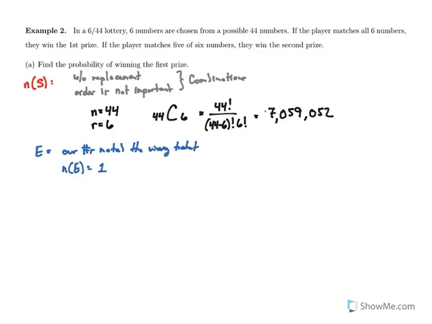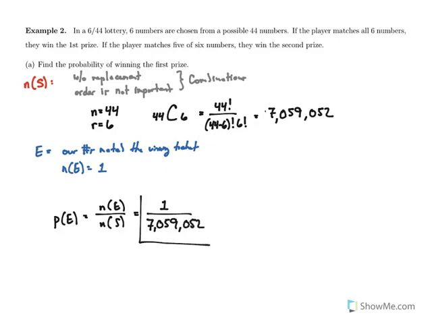There's only one way that's possible, and that is we match all the numbers. So the probability of this event is the size of the event over the size of the sample space. It's going to be 1 over 7,059,052. And it's useful to write this as a fraction. We'll see on the next page why that's the case.